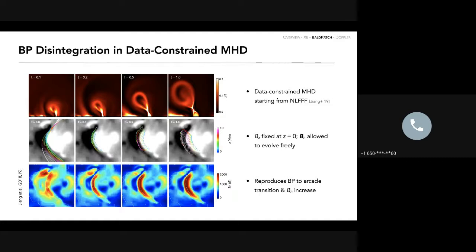But if you look at the bottom row, that is the horizontal magnetic field, you see that the field strength still increases, just like what we observed. And similarly, in the middle row, the magnetic topology also changes from bald patch to a sheared arcade. So that's very neat. Next slide, please.